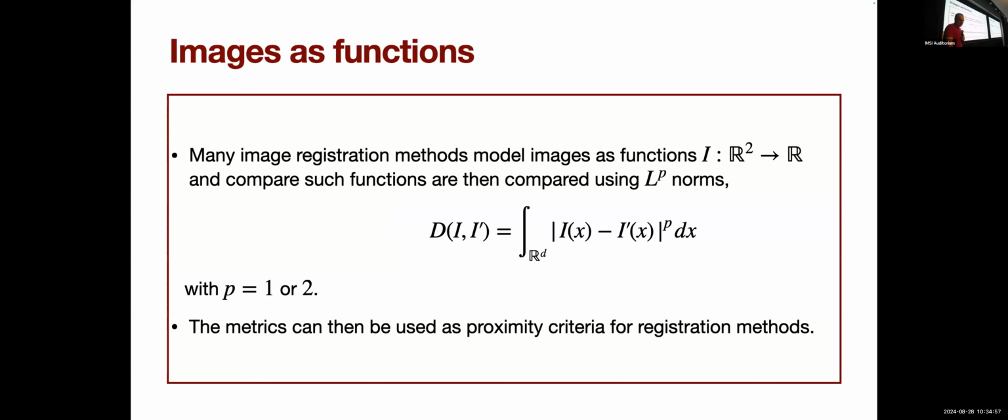The terms that we find very often are norms that compare the values of images at homologous points, and the basic example is an L2 norm in that setting.